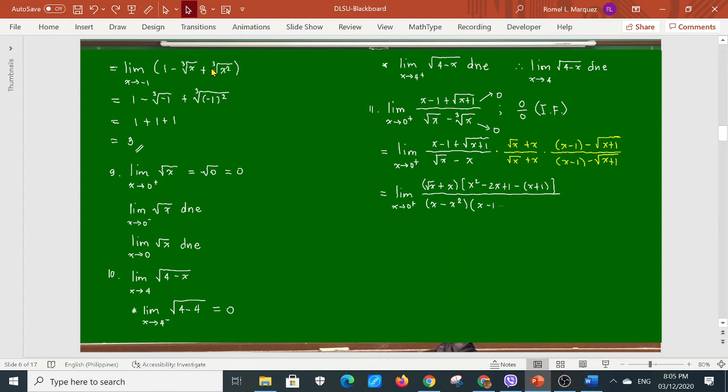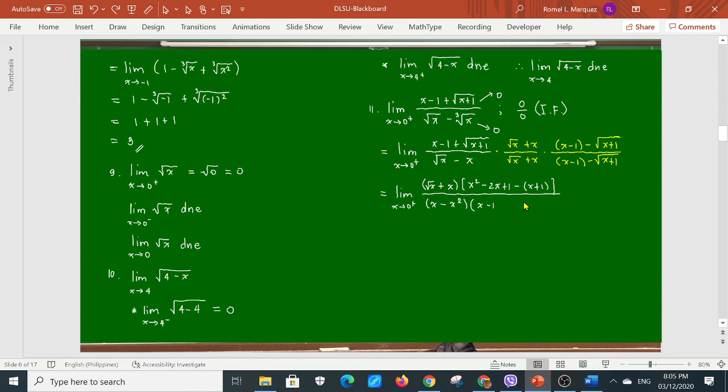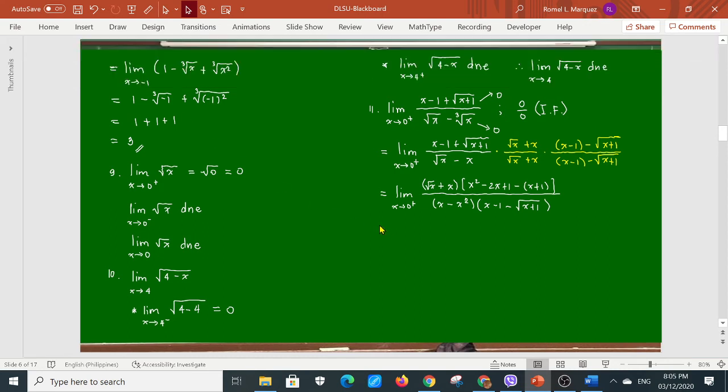Minus, kahit tanggalin ko na yung parenthesis, x minus 1 minus square root of x plus 1. Okay, guys? Do you have question, guys? May question ba sa pag-multiply? Do you have any question? Baka may mali ako, ha?